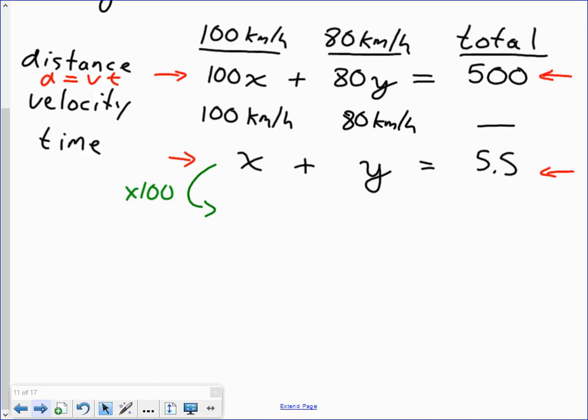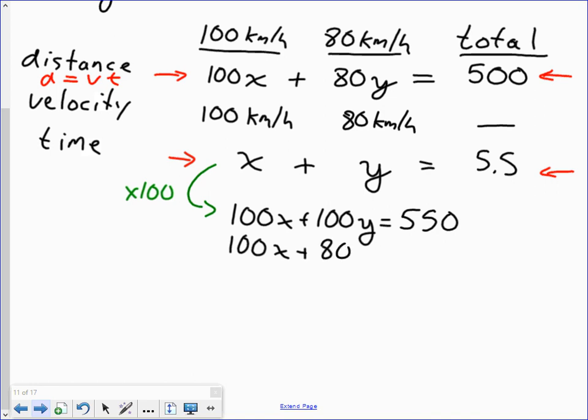That's going to give me 100x plus 100y equals, let's see, 5.5 times 100 is going to be 550. Our top equation here is 100x plus 80y equals 500.